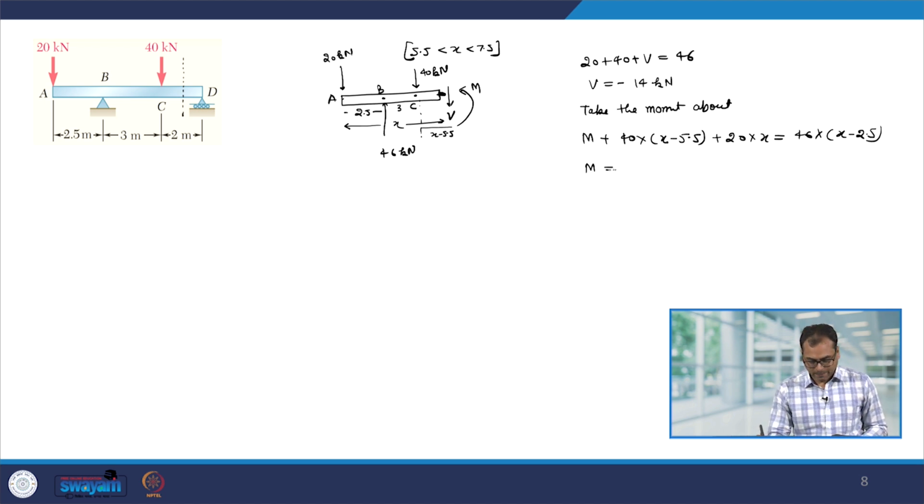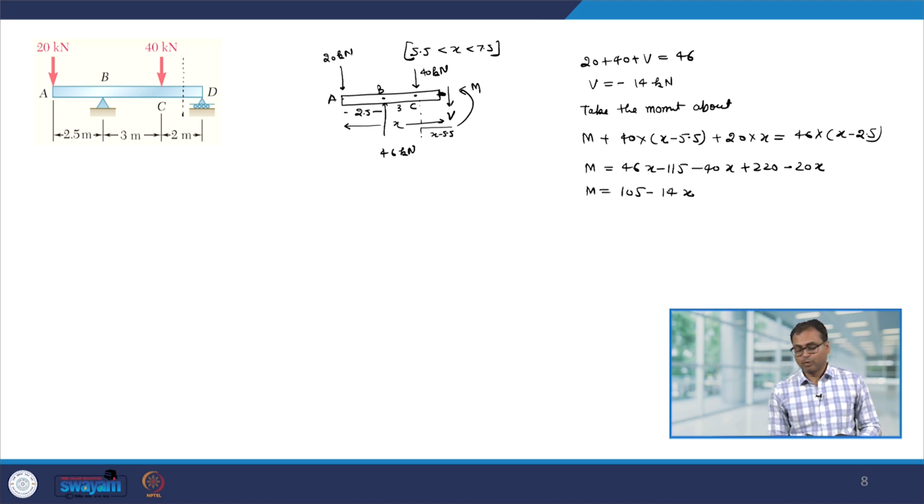So, we got m equal to 46x minus 115 minus 40x plus 220 minus 20x. So, this gives you m equal to 105 minus 14x. So, now let me summarize these results.